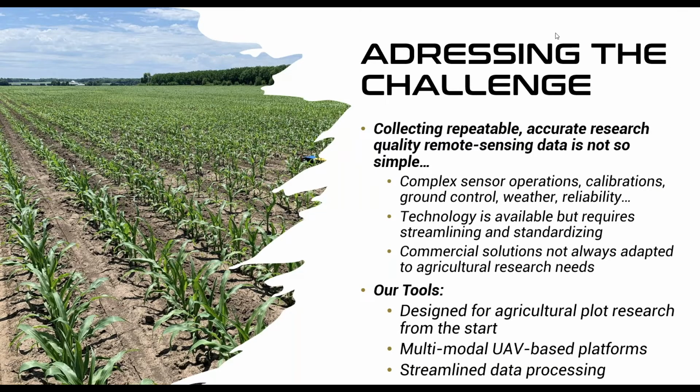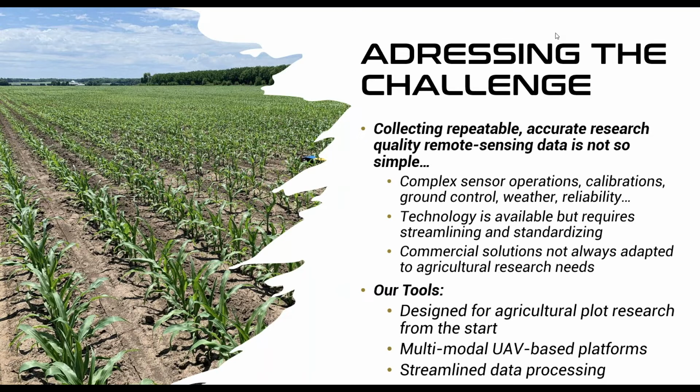Matt sort of hit on this, but I just want to address the challenge of doing some of this high throughput phenotyping in agricultural settings when you really need precise and accurate data. There's a lot of things that go into data collections like this. You often have complex sensors like some of the hyperspectral and multispectral sensors. You have to worry about spectral calibrations, potentially ground control.